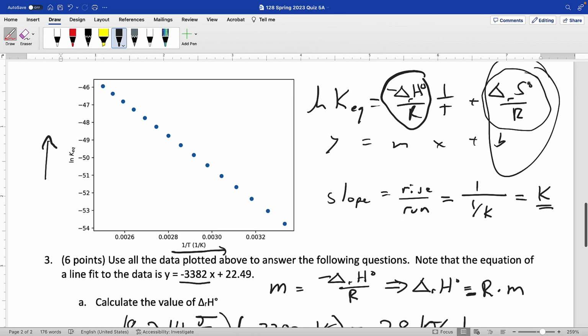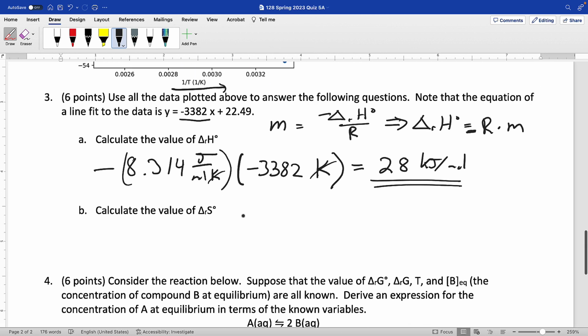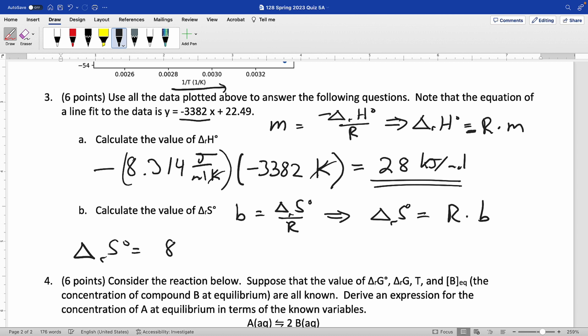So we can see the y-intercept is equal to delta S over R. So since the y-intercept B is equal to delta S over R, we can solve for delta S. We're going to multiply both sides by R. So R times the y-intercept is going to give us our delta S. So delta S is equal to 8.314 joules per mole per Kelvin, and our y-intercept is 22.49.